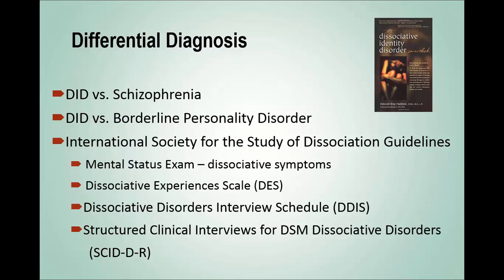And BPD is characterized by desperate efforts to avoid real or imagined abandonment, unstable relationships, a tendency to consider people either as all good or bad, impulsiveness that is often related to substance use or sexual behavior, recurrent suicide attempts or self-mutilation, and inappropriate displays of anger. Persons with DID may look very similar as they switch amongst ego states. However, BPD should not be a wastebasket diagnosis for clients who have difficult behaviors and symptoms.